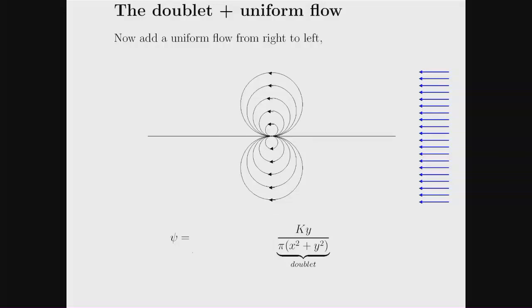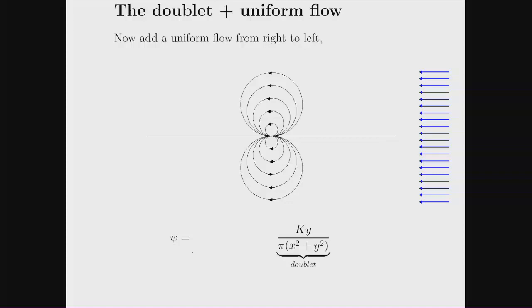Now, it's very important that your doublet here, the top bit is moving in the anti-clockwise direction, and at the bottom here, it's moving in the clockwise direction. Please pay attention to that.